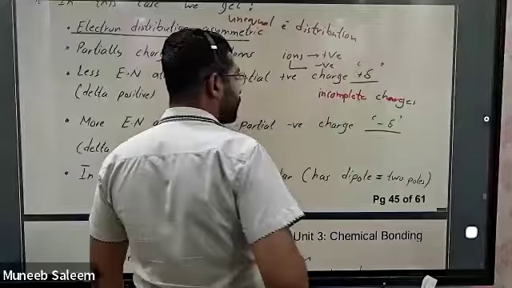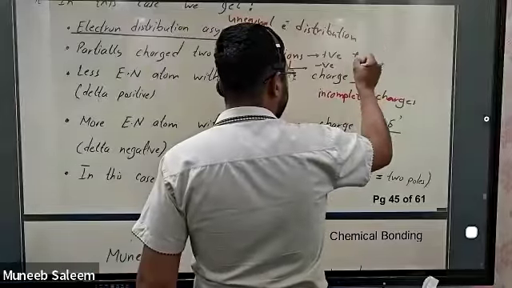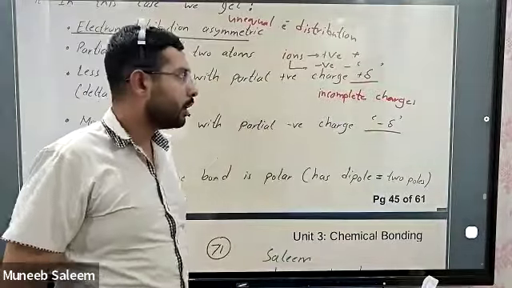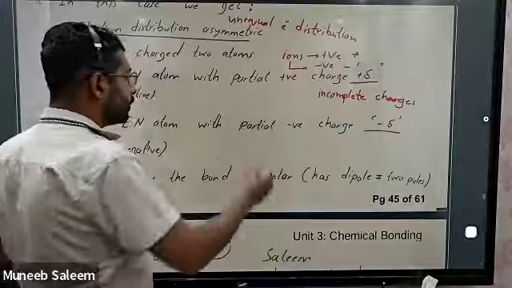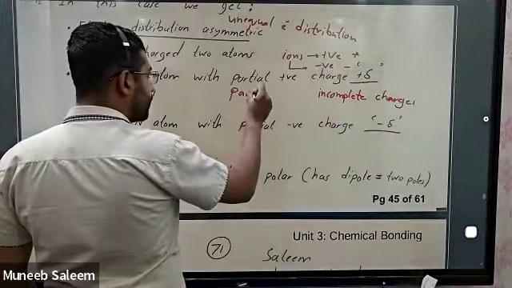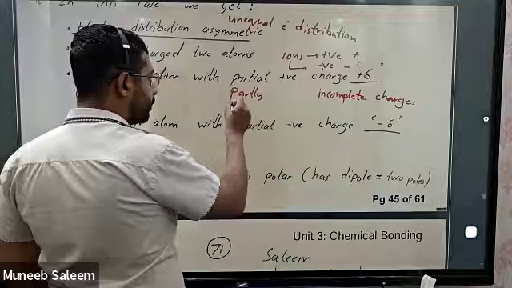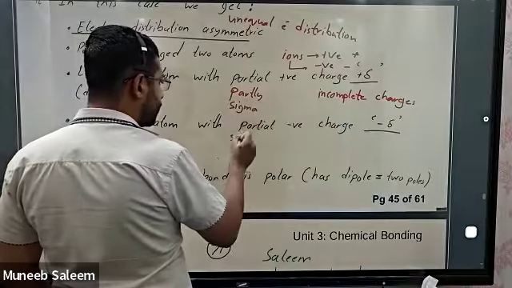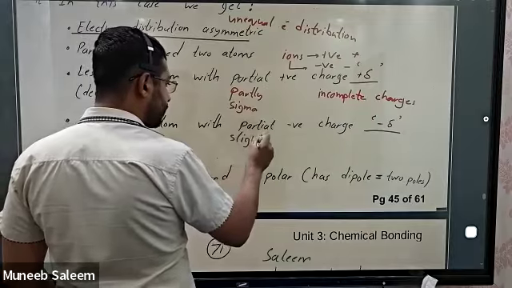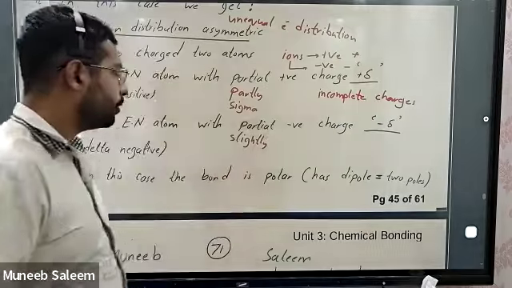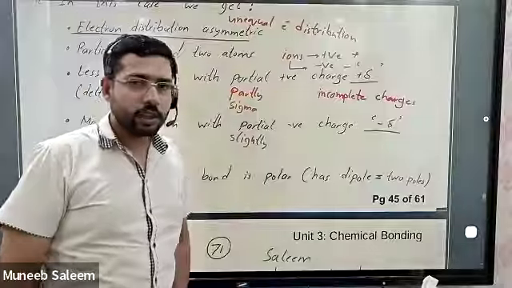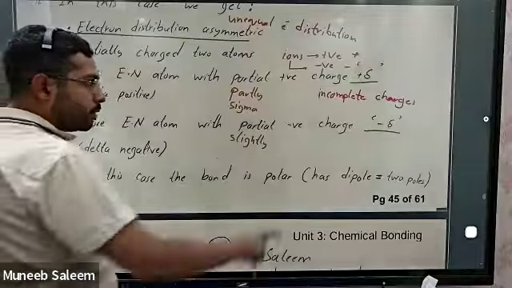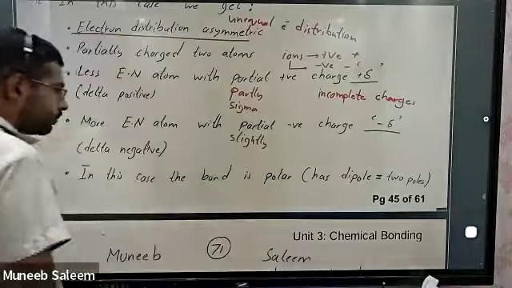They are complete positive and negative charges. On the other hand, these are not complete charges. We call them partial positive, or you could also say partly, sigma, or slightly. So slightly positive, sigma positive, partially positive, partly positive, these are all the names given to this symbol along with the charge.